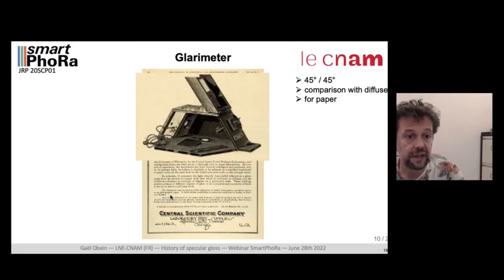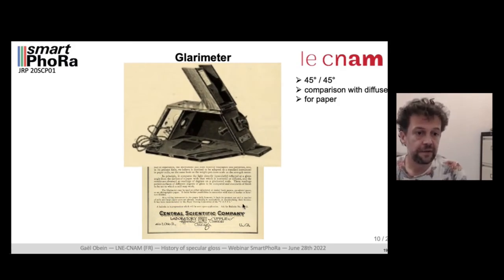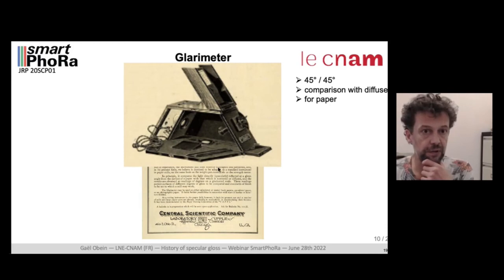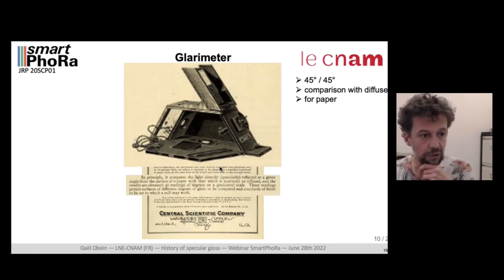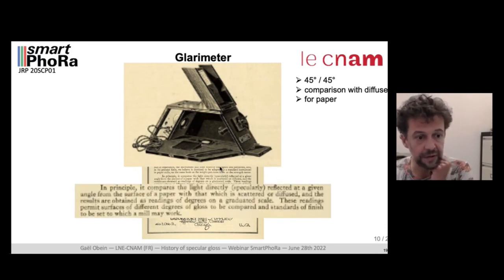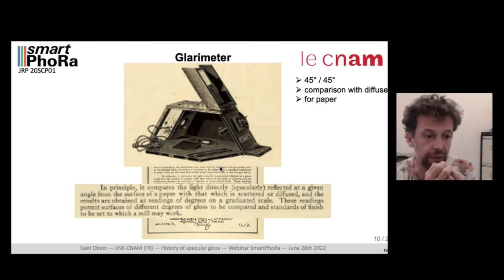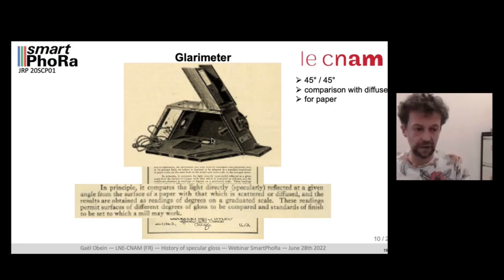This device has a 45-45 geometry. You have the light source here, you have the sample here, and then you look at the light reflected in the specular direction. And what Ingersoll says is that it compares the light reflected in the specular direction with the light reflected by a perfect diffuser.